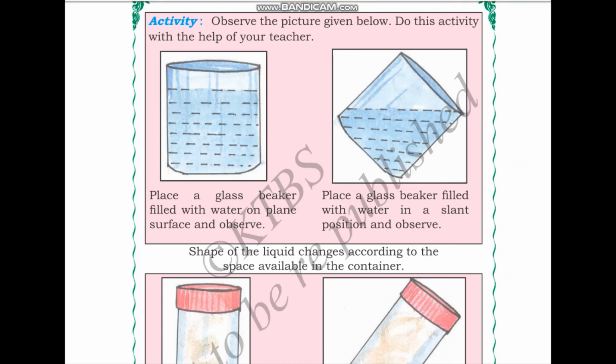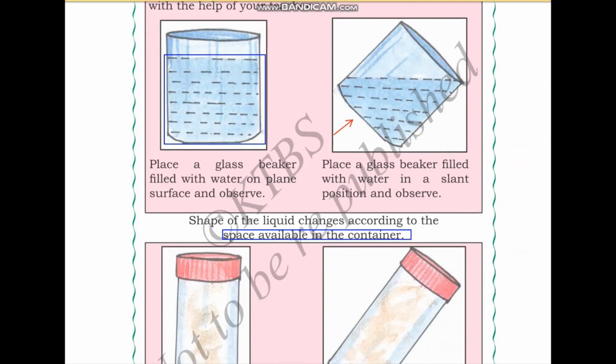See that the shape of the water changes. It used to be of this rectangle shape, then it becomes a triangle kind of shape that you can see here. Okay, so the shape of the liquid changes according to the space available in the container. So the shape of the liquid changes according to the container.